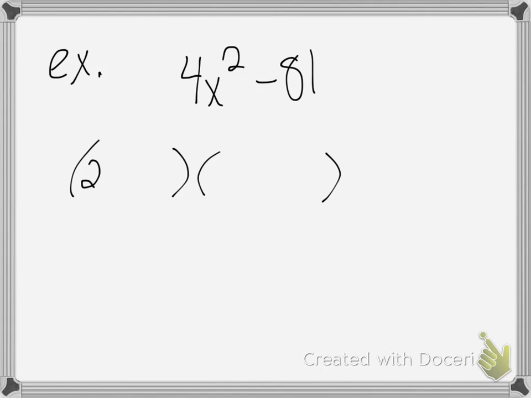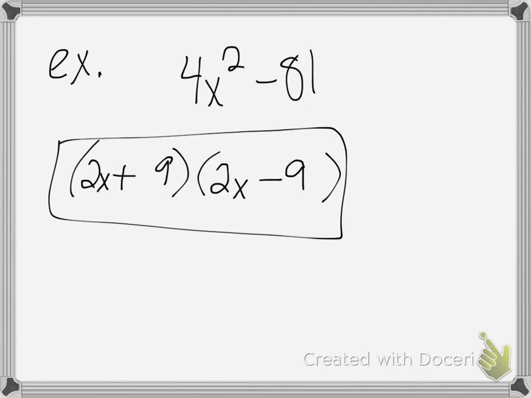So I put 2x here as well as here. Now I take the square root of 81. What's the square root of 81? 9. So I put 9 here, 9 here. One gets a plus, one gets a minus. It's factored. Everyone got the difference of squares? Not too bad?